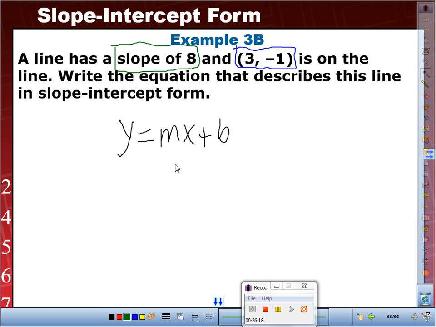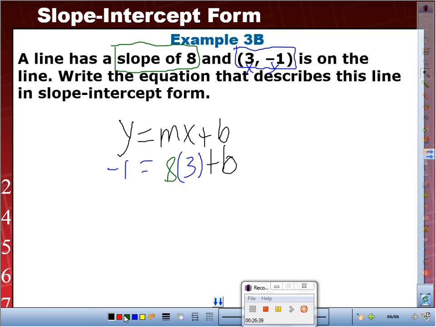What do they give us? The slope is what? 8. Do they give us a y-intercept? But what do they give us? A point, which is an x value and a y value. So what is x? And what is y? And then I bring down the plus b.